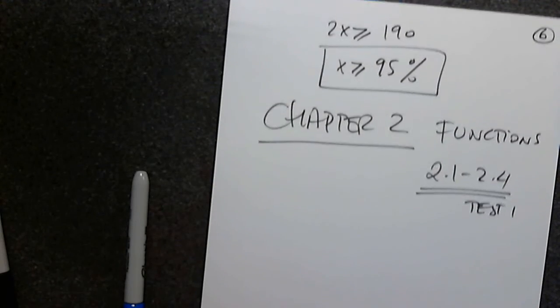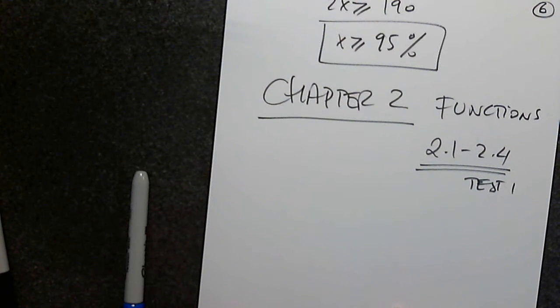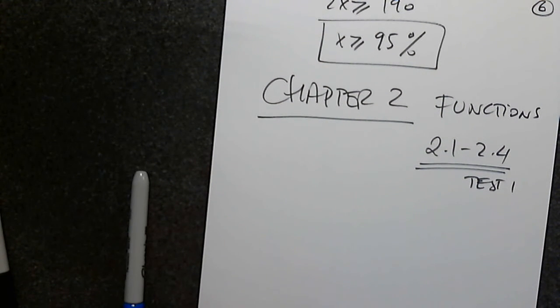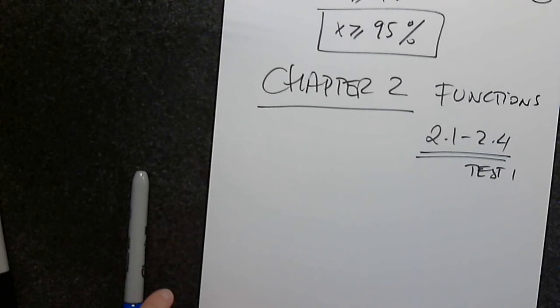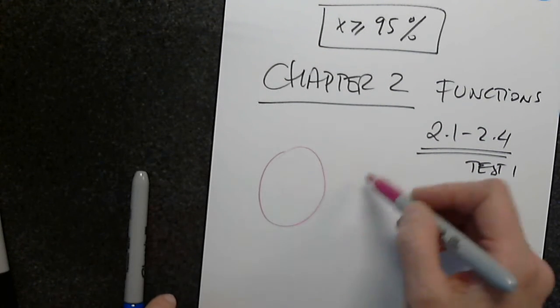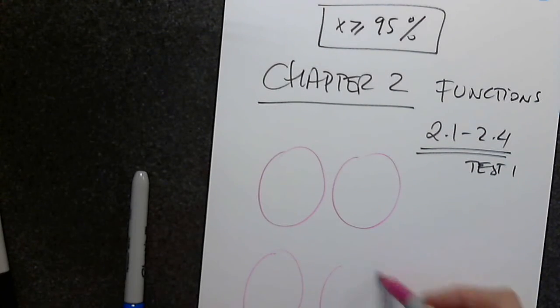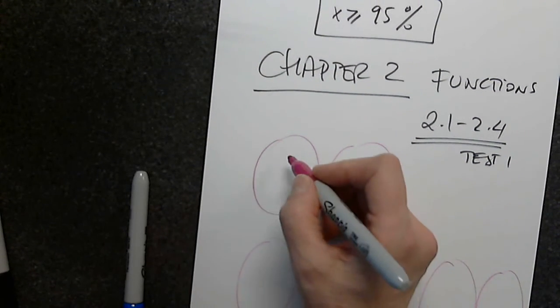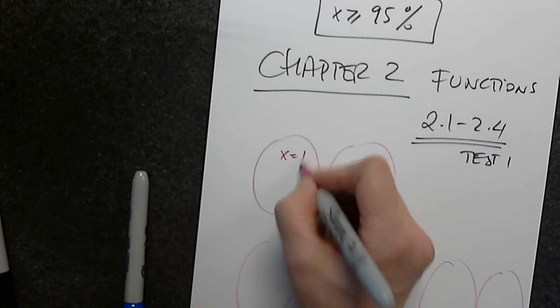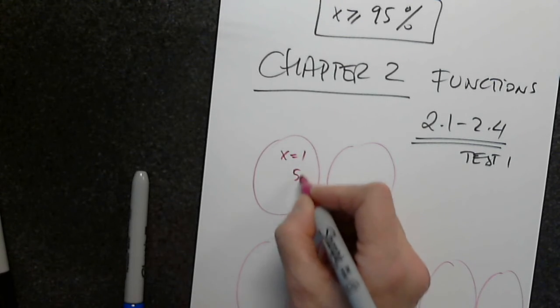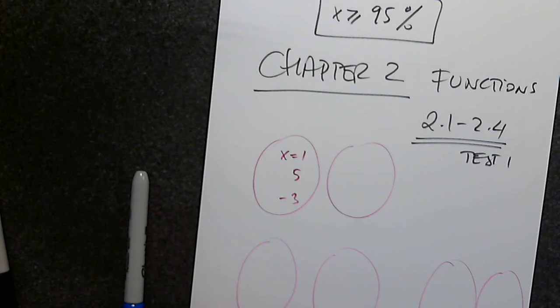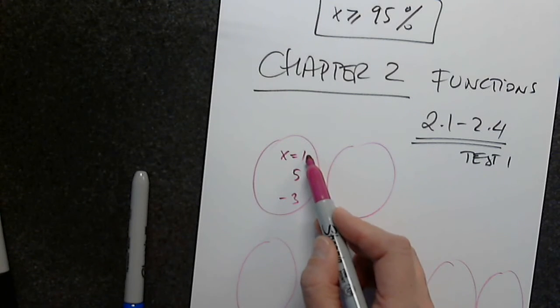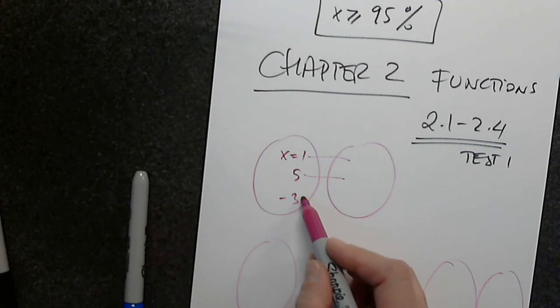Okay, so we know a lot about functions, and most of what I'm presenting in the next few minutes you're going to remember. So let's look at 3 scenarios. This is 1, 2, and here's the third one. Let's suppose I have x equals 1, and then 5, and then -3. And I'm going to create some connections.